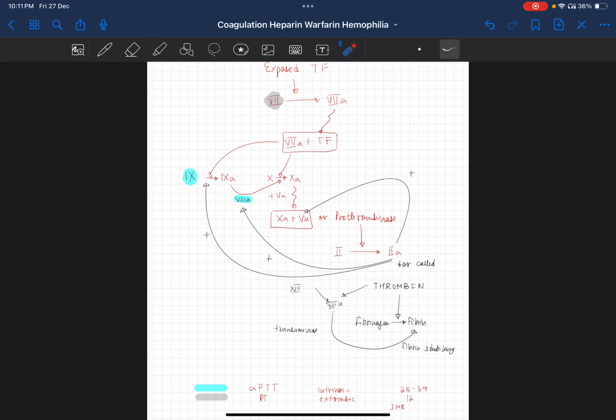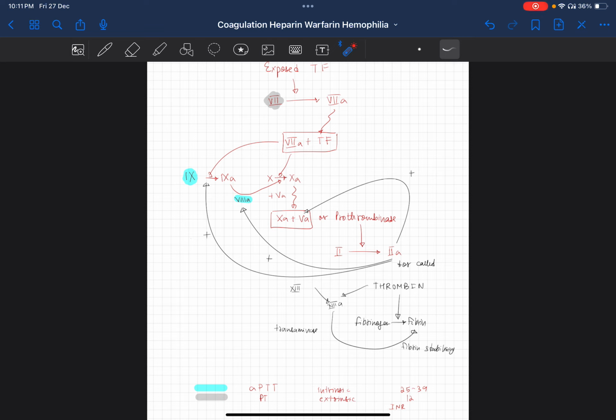For example, your factor 8 and factor 9 are from what pathway? The intrinsic pathway. Intrinsic pathway, extrinsic pathway. Both, starting from 10 and 5, are all common to both extrinsic and intrinsic.